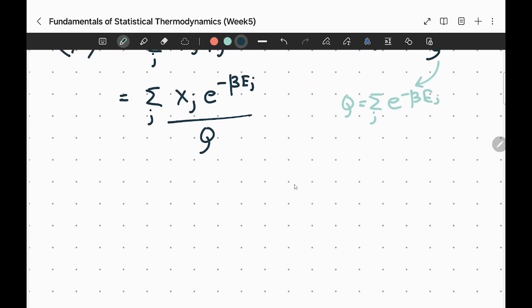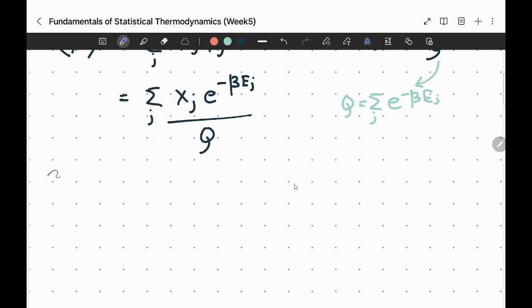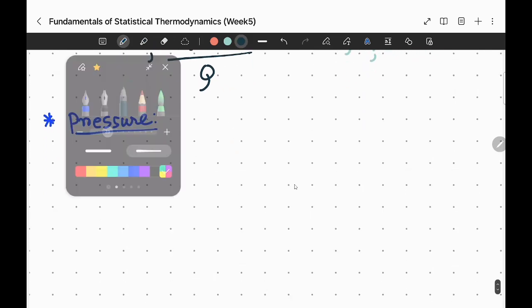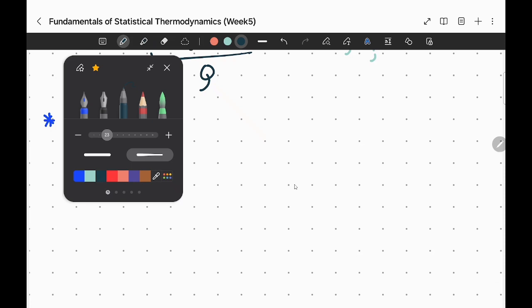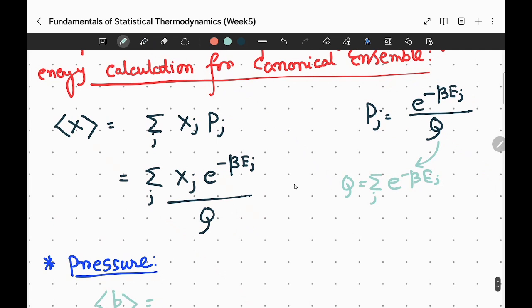Now for pressure first, the P average. It is small p and capital P. Capital P is for probability.